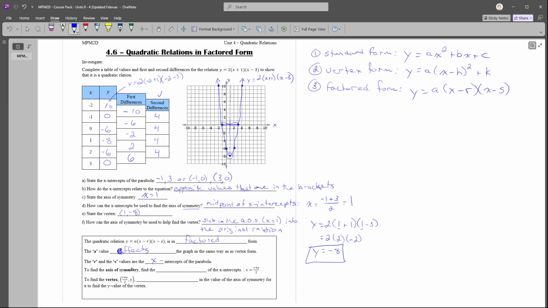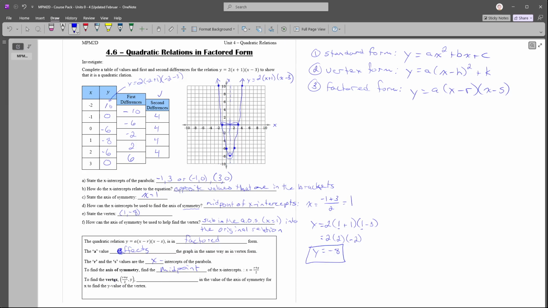Great. So how do we find the axis of symmetry? Well, the first thing we have to do is find the midpoint between our two x-intercepts, which is just x = (r + s)/2. Okay? Now, once we have that, we can determine the vertex by taking that midpoint and substituting it back into the original equation and calculating for the y value.